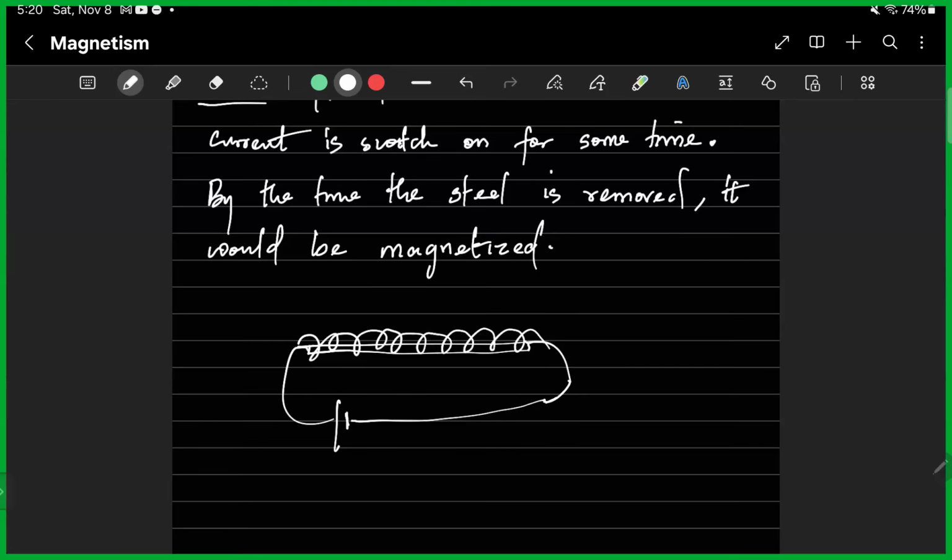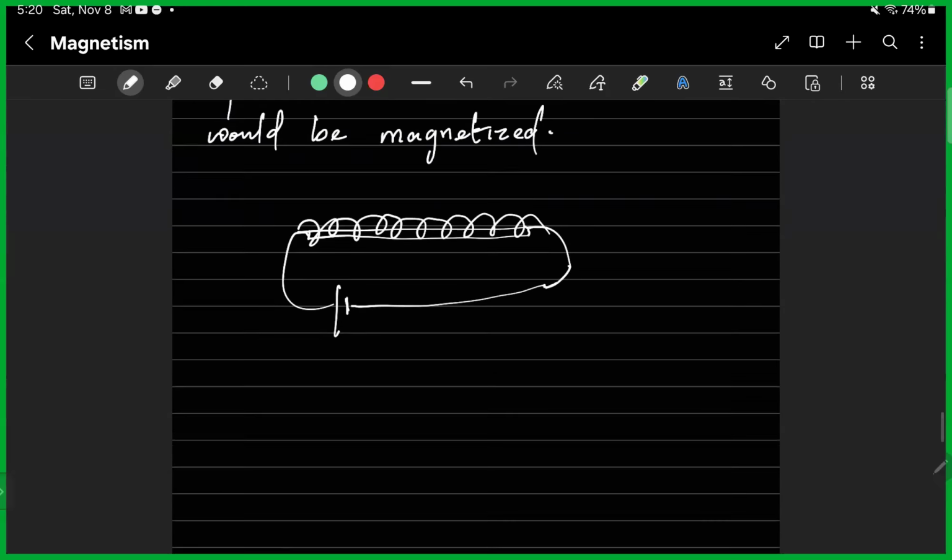This is a simple setup. We have a switch, so if I switch on the current, I allow current to flow.